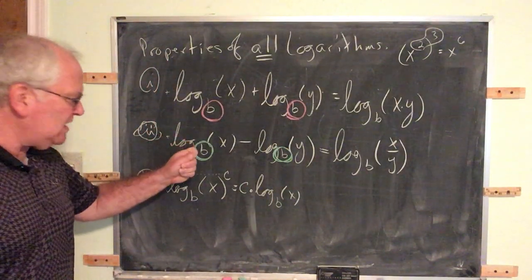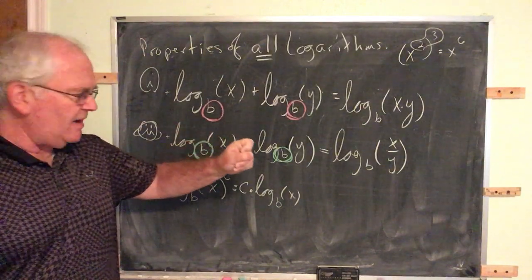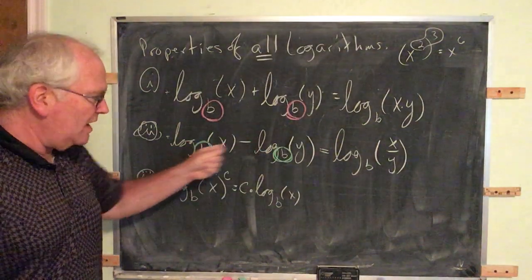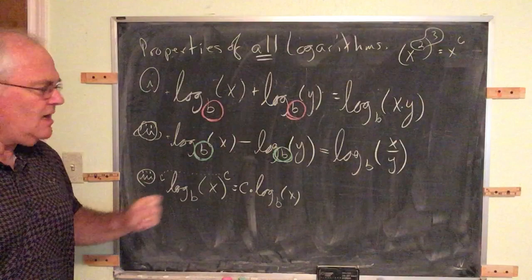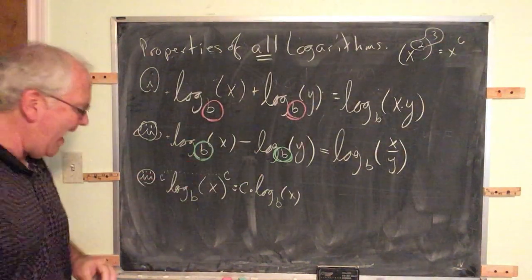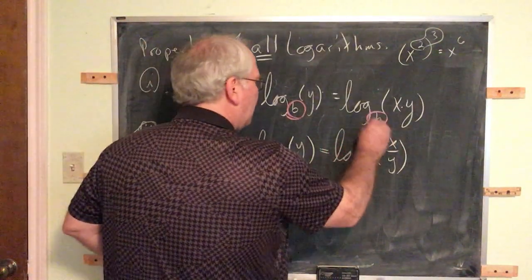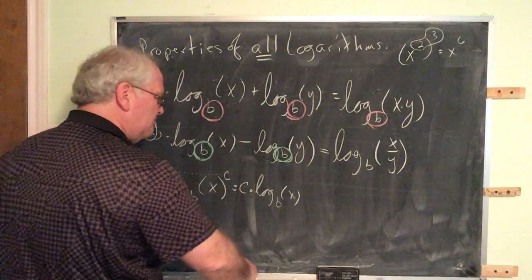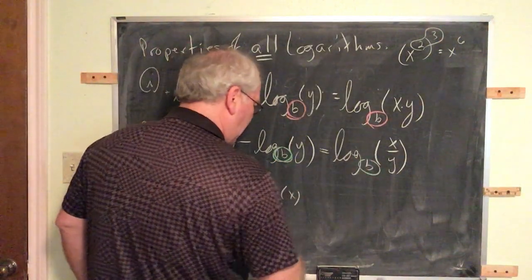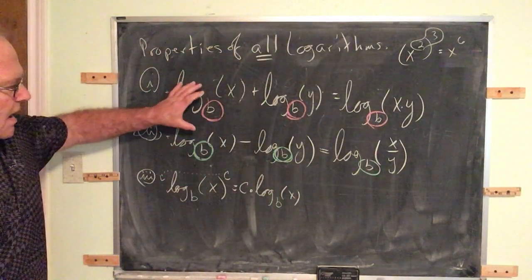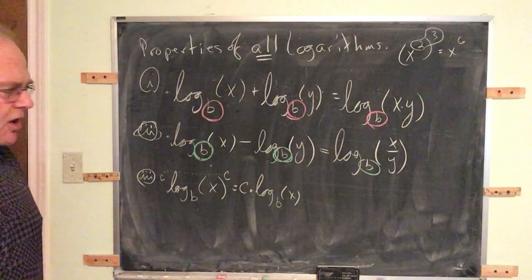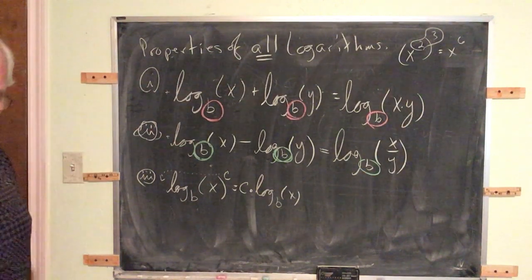If you have log base 5 here and log base 2 here, then they don't combine. They must be the same base, and the base you end up with must be that common base you had in the original problem. As long as you have those conditions, you may apply these properties as you need them.